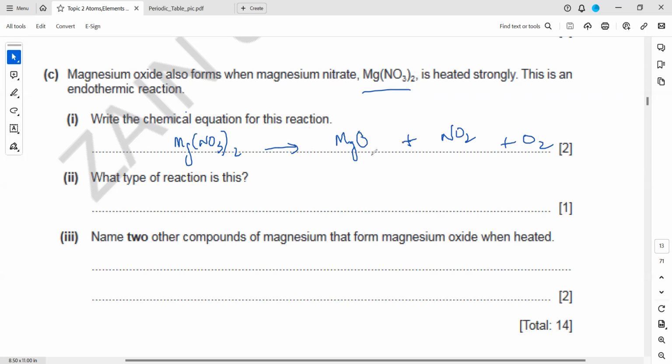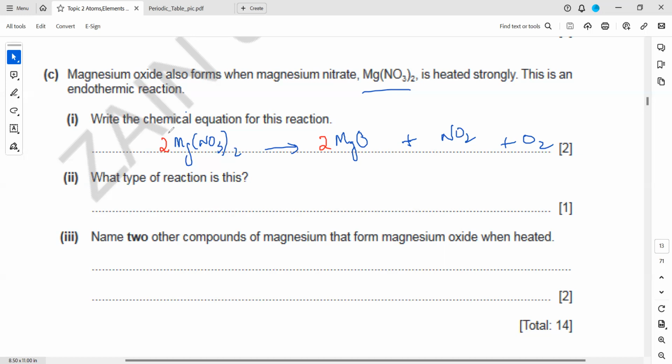We have to balance this equation. So 3 multiplied by 2, 6. So if we try to balance, for example, we put 2. So oxygen is balanced. But now if we try to balance other element like magnesium, 2, so magnesium is balanced, but now oxygen is not balanced.